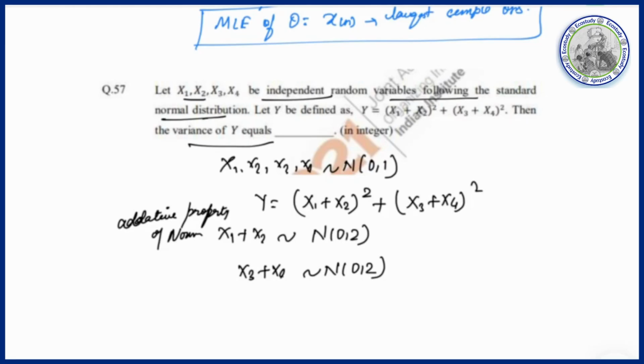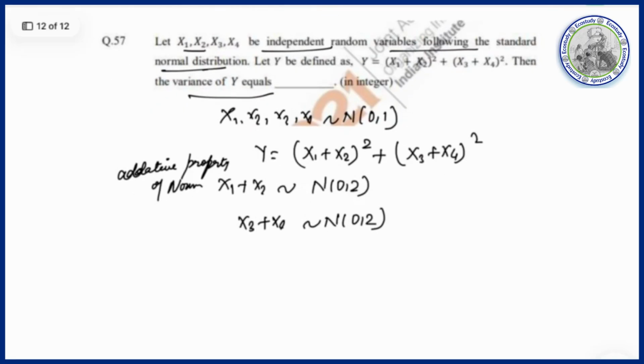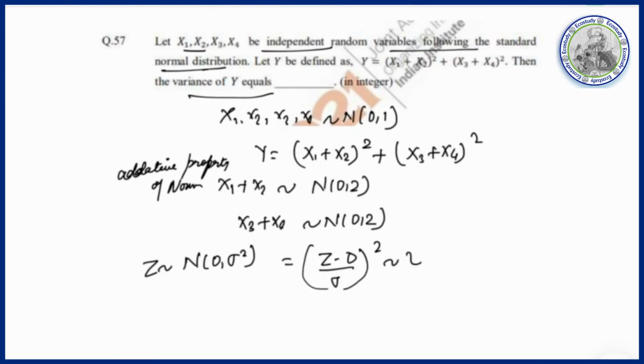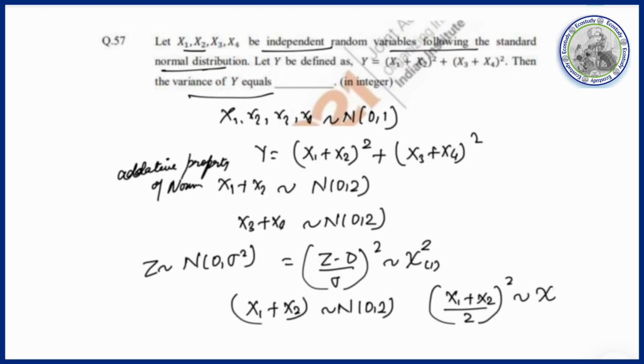Now, you know one thing: if Z follows normal (0, sigma squared), then (Z minus 0 upon sigma) whole squared will follow chi-square with 1 degree of freedom. So (x1 plus x2) divided by root 2, whole squared, will follow chi-square with 1 degree of freedom.